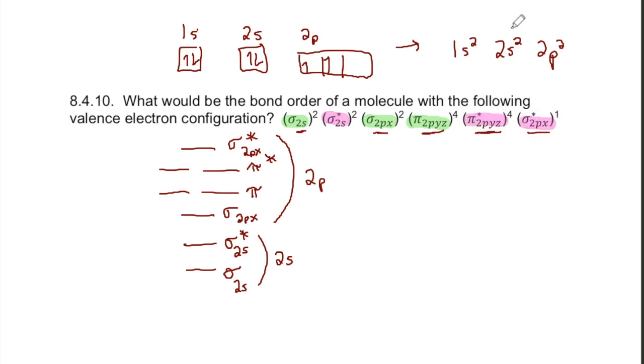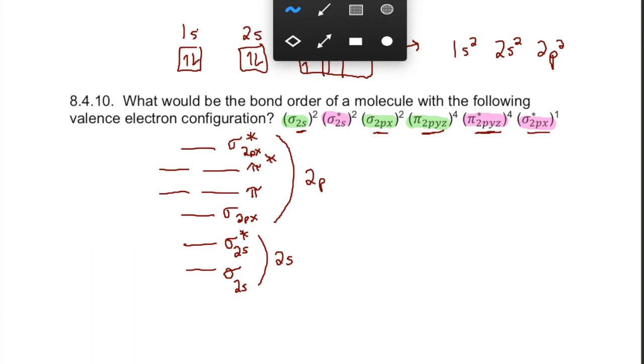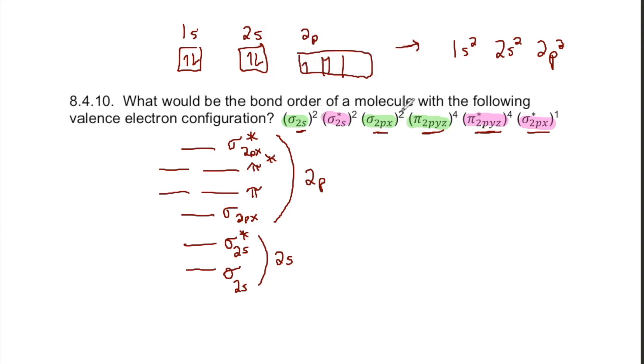So we could figure out the bond order pretty easily. We have 2, 4, 8 bonding electrons, and we have 2, 4, 7 anti-bonding electrons, and we put that over 2, which would be 1/2 or 0.5. So this molecule would have a bond order of 0.5.